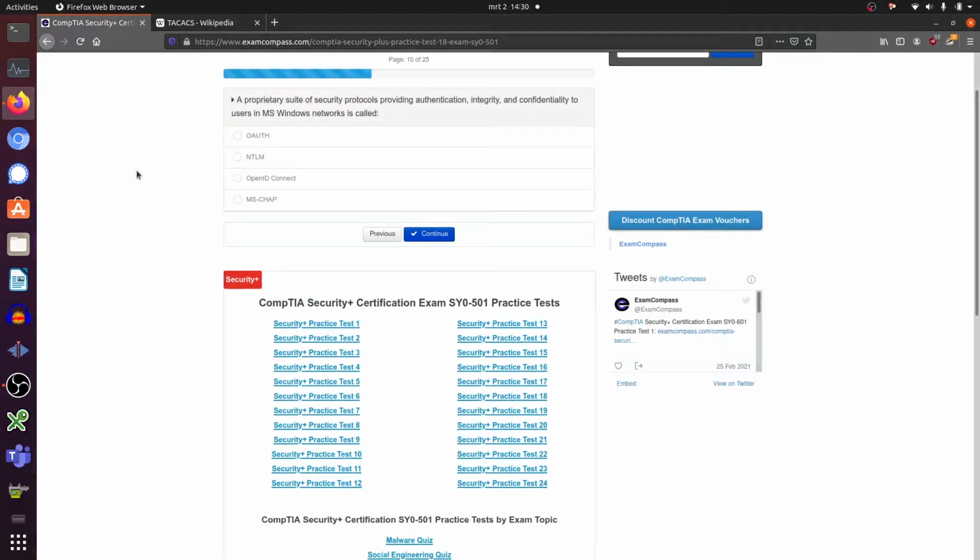A proprietary suite of security controls providing authentication, integrity, and confidentiality to users in Microsoft Windows networks is called... Let's see, what is it called?